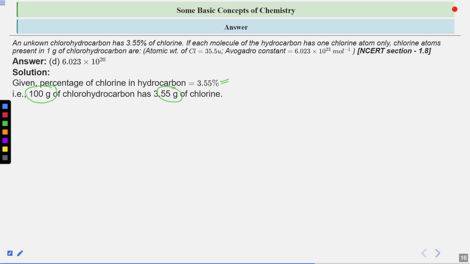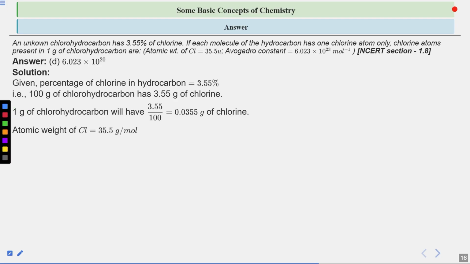We do it out of 100. Now what we can say, if 100 gram has 3.55 gram, then 1 gram will have 3.55 by 100 gram or 0.0355 gram of chlorine. But at the same time, we know that the atomic weight of chlorine is 35.5 gram per mole.